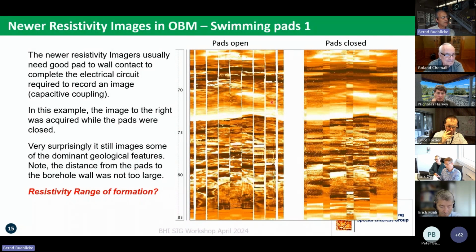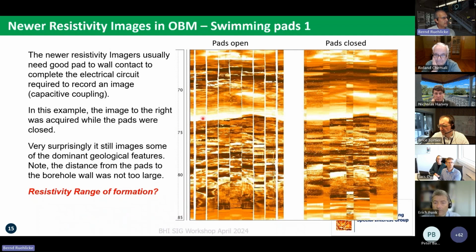In this example on the left, we have one of those more modern oil-based mud tools where the pads were open as they should be, and on the right, they were closed and locking through. You can see that the pads in this case are drawn wider. That's because the pads are closed, and it's the same width, but you can see the same geological feature can be detected.